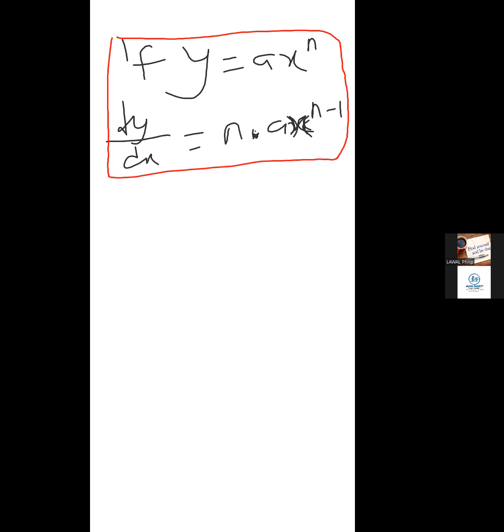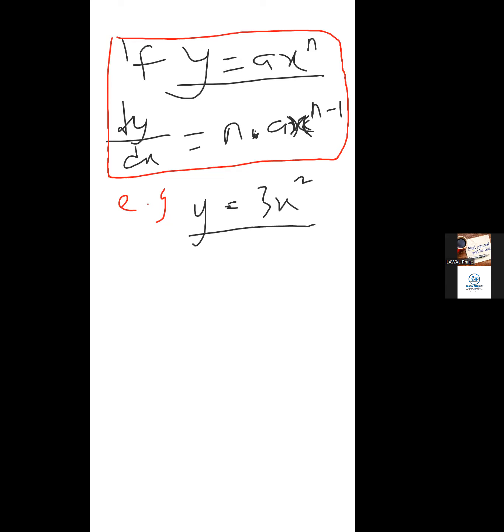So, for example, if you have y equal to 3x squared, you compare what you have here with the rule, and you see your y is standing alone. Your a is 3, your x remains, and your n is 2. So you just put that into the rule.